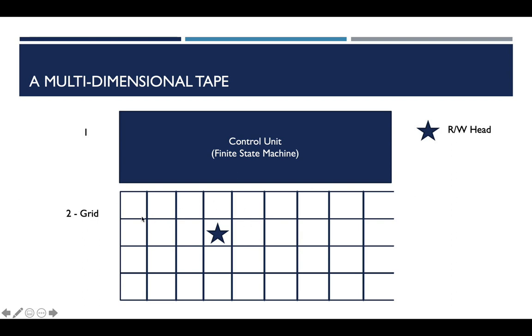This is, in a lot of ways, very different from, for example, a multi-track single tape machine, in that there is only a single read-write head. And that read-write head can move to any of these cells independently. So it can move up and down, or it can move left and right. It is not confined to reading only a single column at a time.